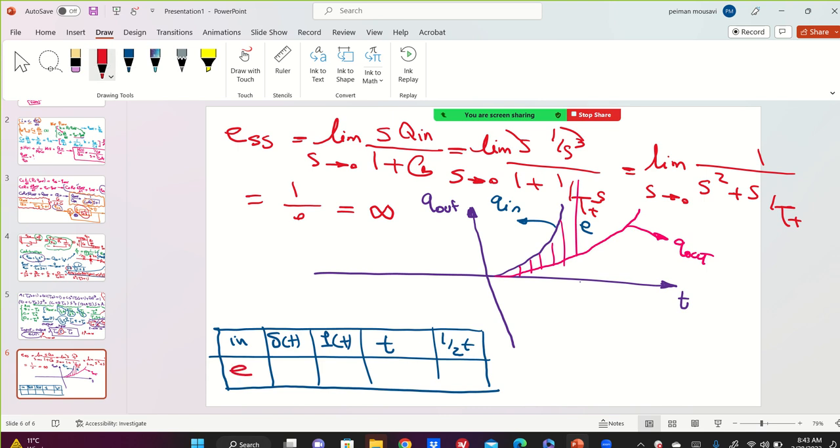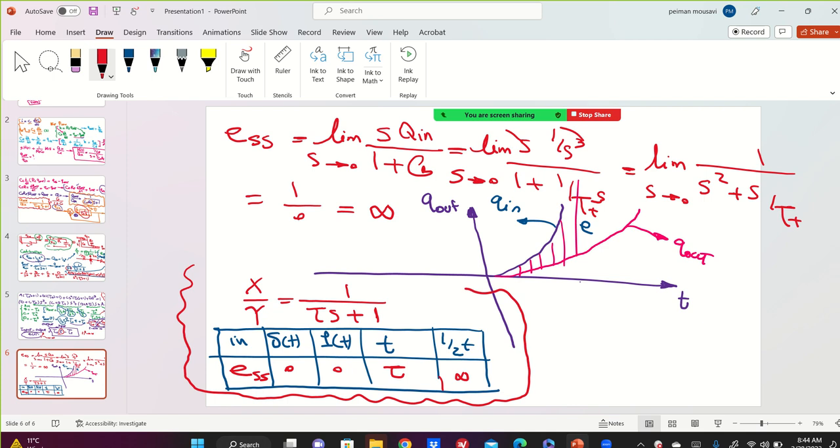And the steady state error is going to be 0, 0, tau, infinity. For which system? For the first order system, 1 over tau s plus 1, when the closed loop transfer function output over input is this.